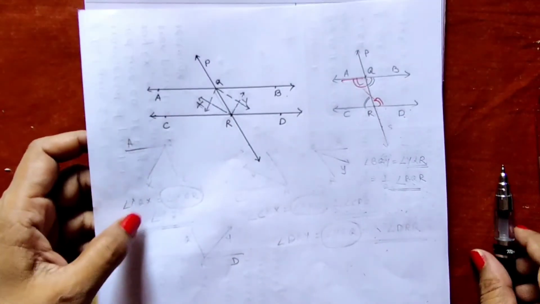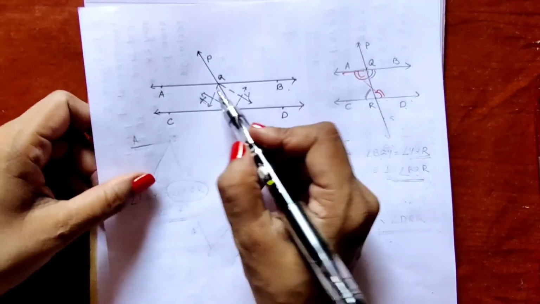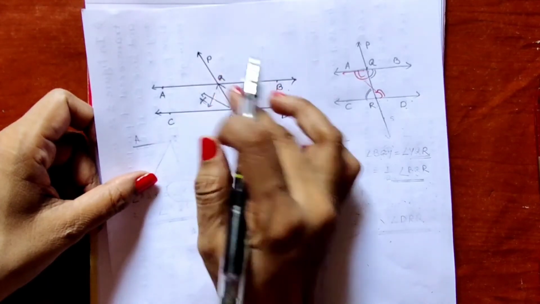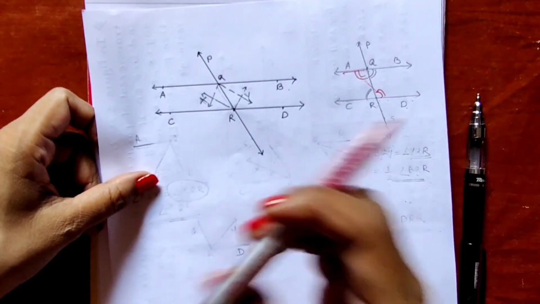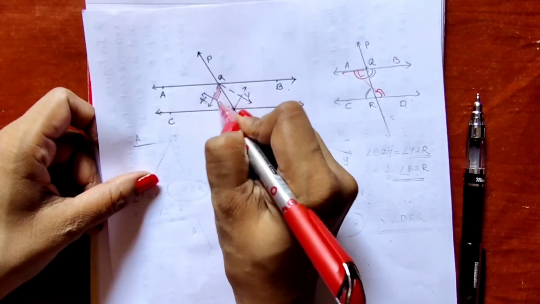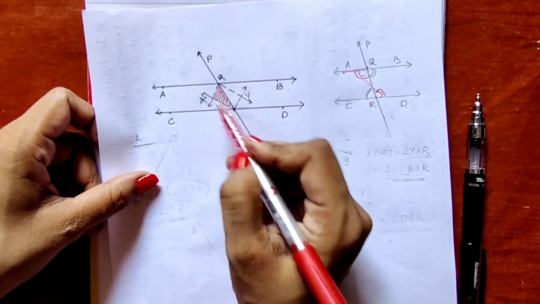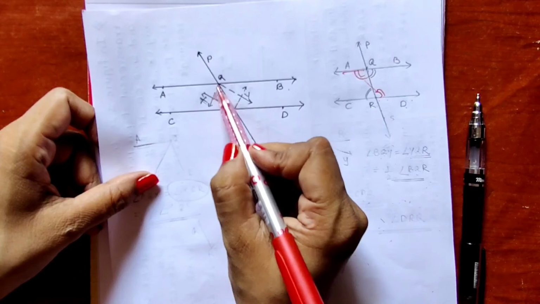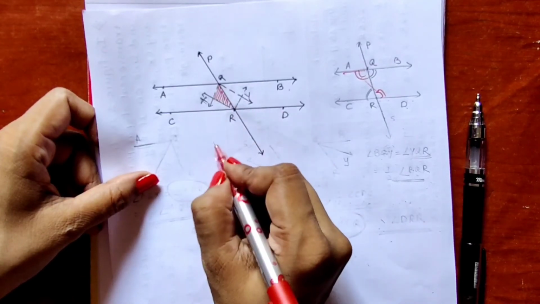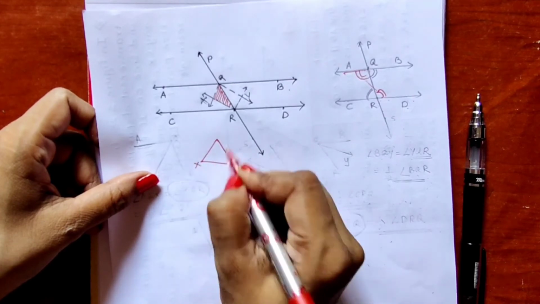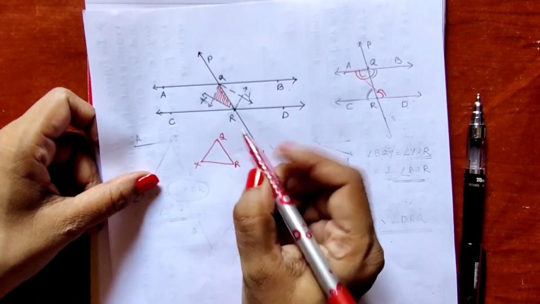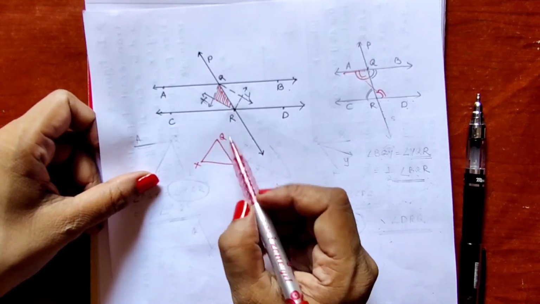Okay, now see children, due to these bisectors, this quadrilateral is formed, and on both the sides we can see this quadrilateral is divided into two triangles. Here on the left hand side we can see triangle XQR. I am going to draw this triangle. This is triangle XQR. We all know in each and every triangle there are three angles.